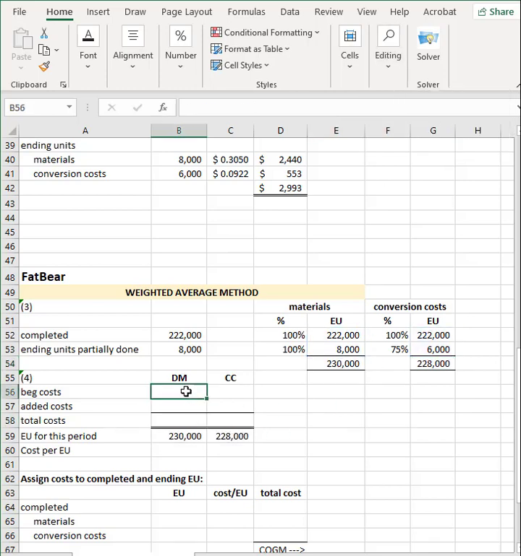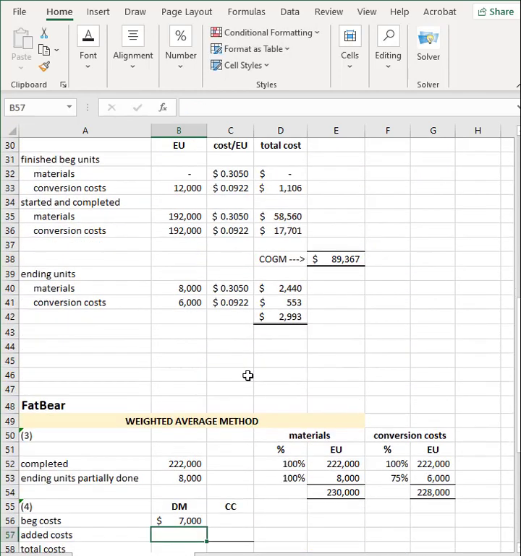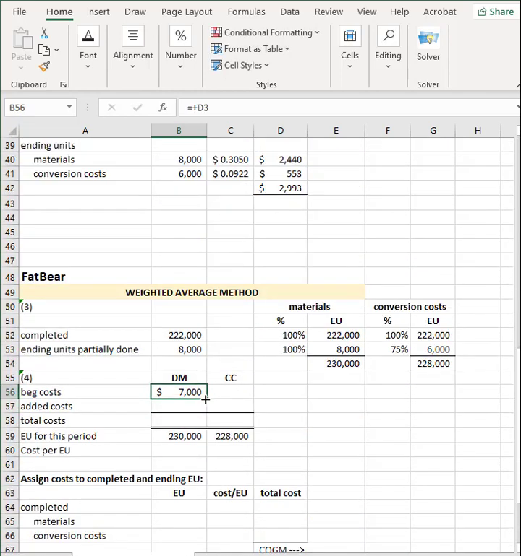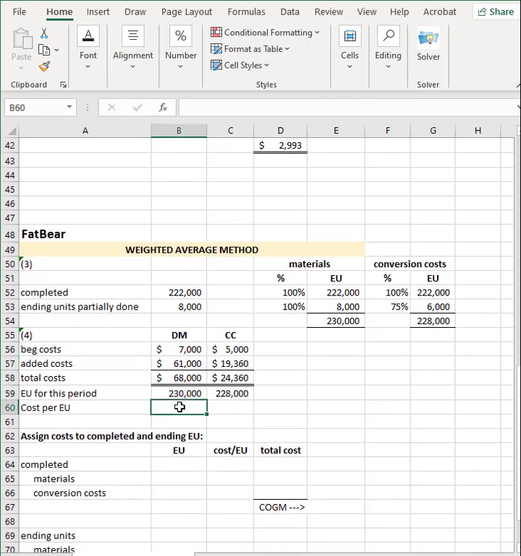Now when you get your cost per equivalent unit, you need to add your beginning costs in, because we're doing this cumulatively, not just for this period. So we would get the total cost for those 2 ingredients. Then we would divide that total cost by the equivalent units.